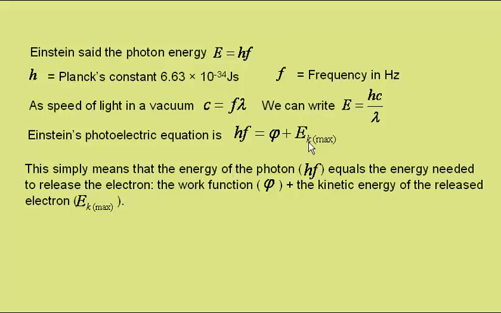In the very simple case of the ejected electron previously, I had the photon energy hf as being 5 units. The work function phi was 3 units, the kinetic energy of the ejected electron 2 units. Obviously in real cases the numbers would be rather more complicated.